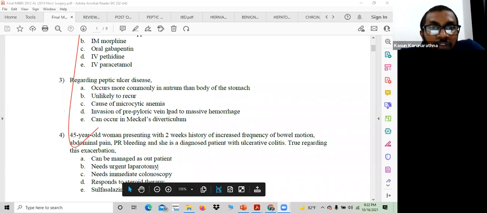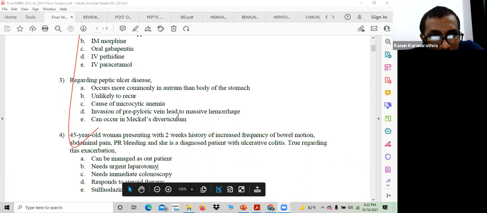Invasion of the pre-pyloric vein leads to massive hemorrhage? Usually the massive hemorrhage is due to invasion of the gastroduodenal artery, that lies posterior to the first part of the duodenum. Anterior ulcers lead to perforation and peritonitis, right?